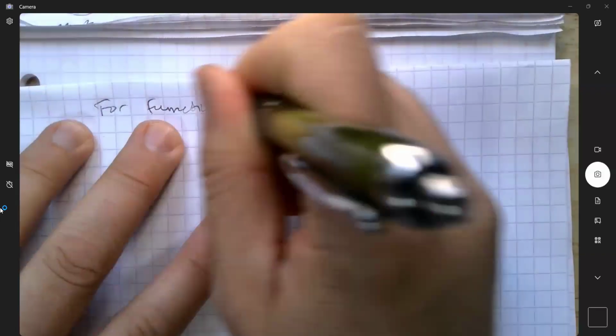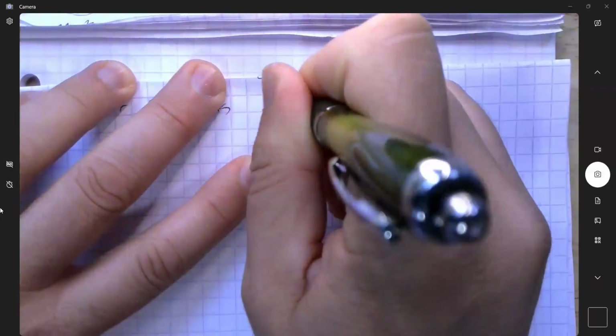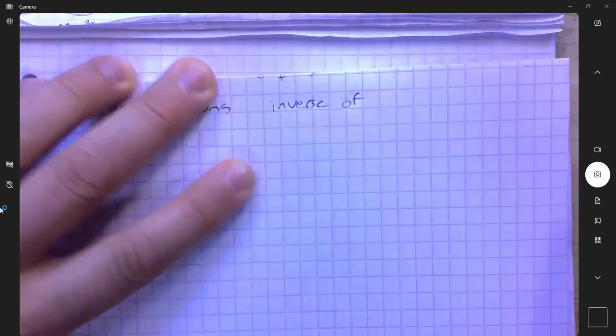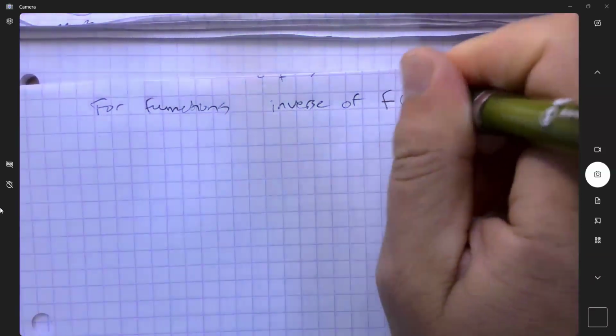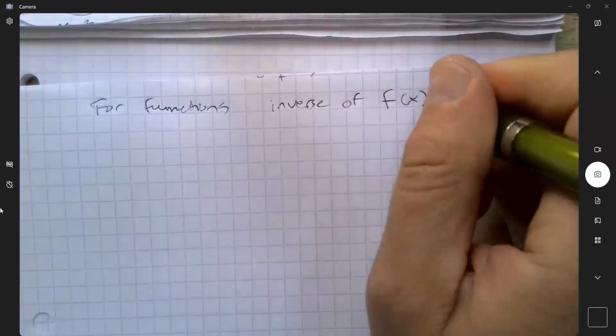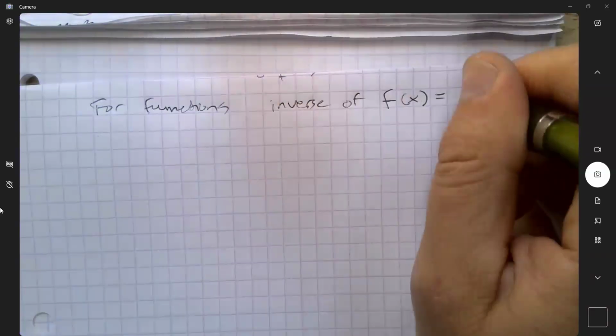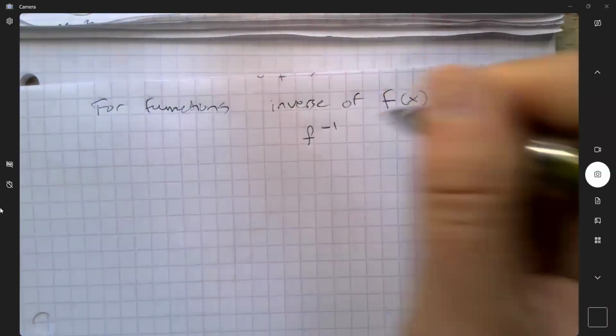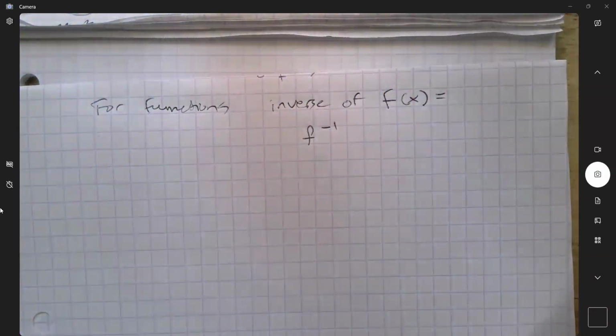I'm not a big fan of this notation because we use it to mean something else as well. But for functions, the inverse of f of x, or more generally, the inverse of f, is written as f with the little -1 up in the power.